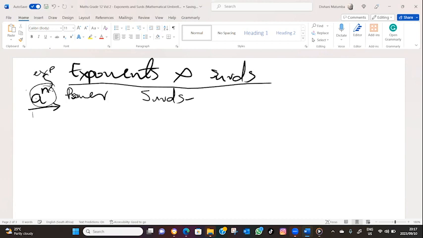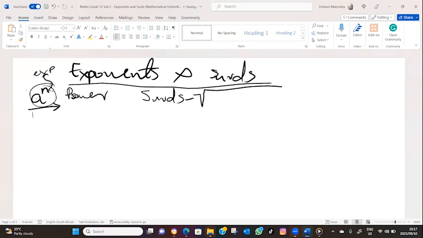Now, what are surds? Surds are all products or numbers under the square roots.